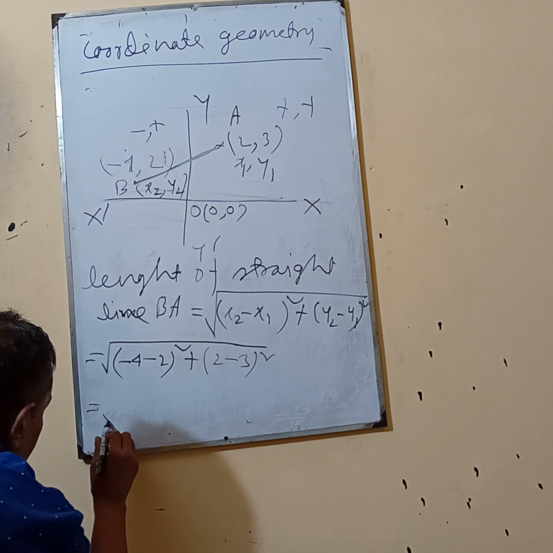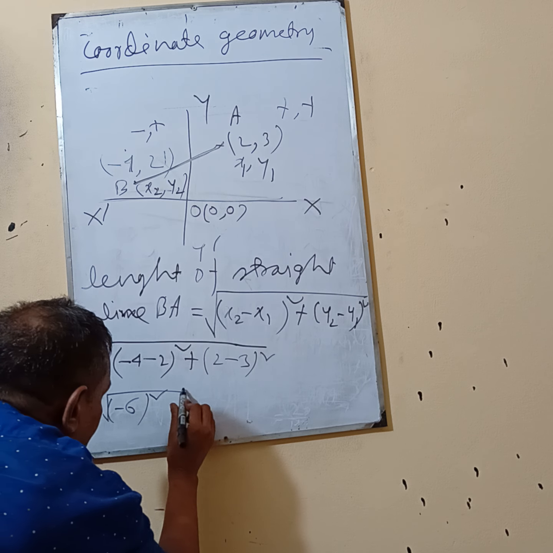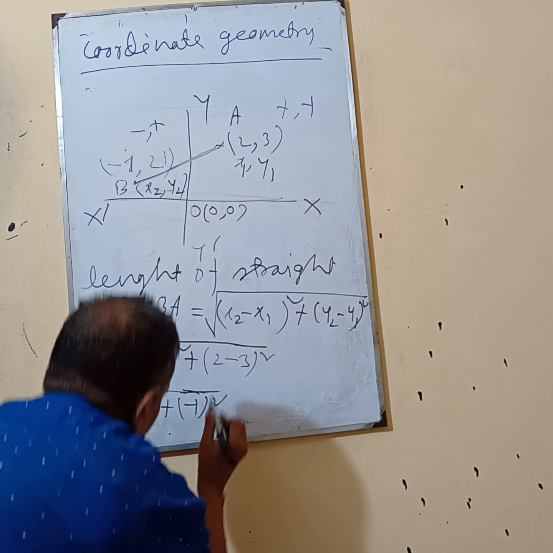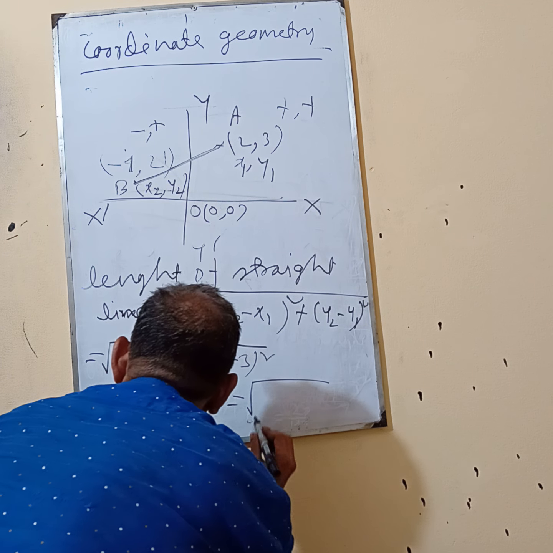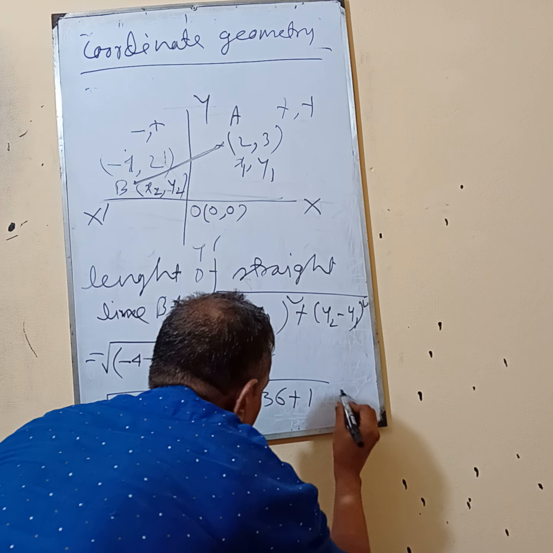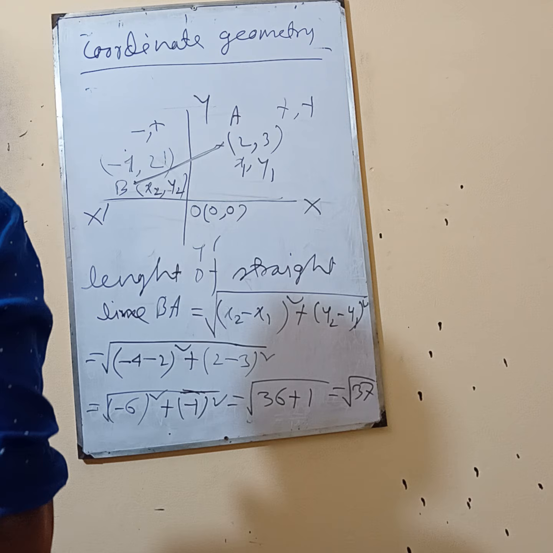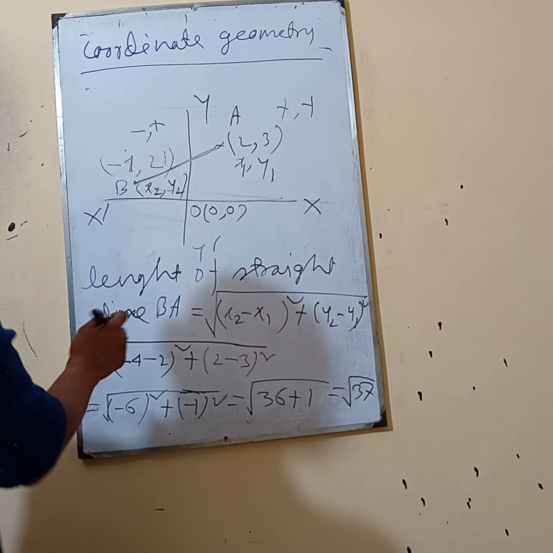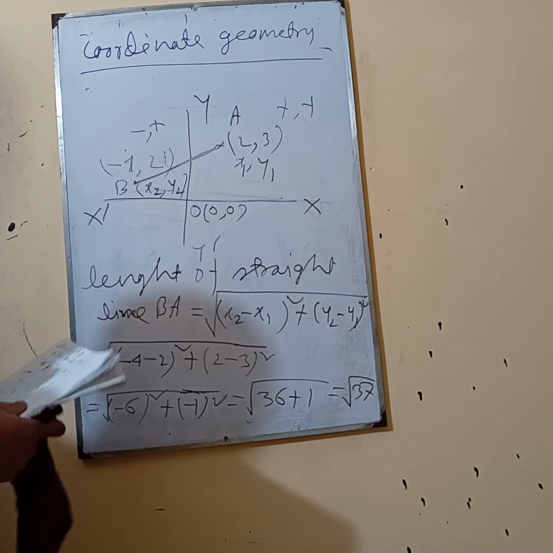Then the calculation: minus 6 whole square, minus 1 whole square. 36 plus 1 is equal to root 37. This is the length of BA, root 37.